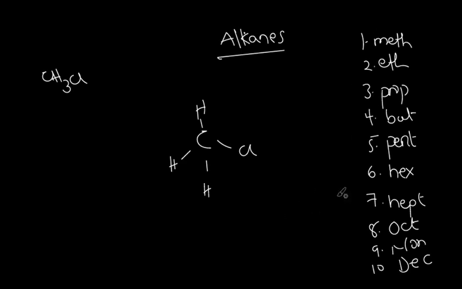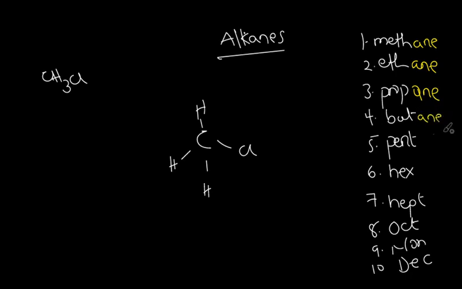Okay, so these are the prefixes, and because they are alkanes, we add the ending A, N, E to all of them. So an alkane with 1 carbon will be named what? Methane. With 2 carbons will be what? Ethane. 3 carbons, propane. 4 carbons will be what?